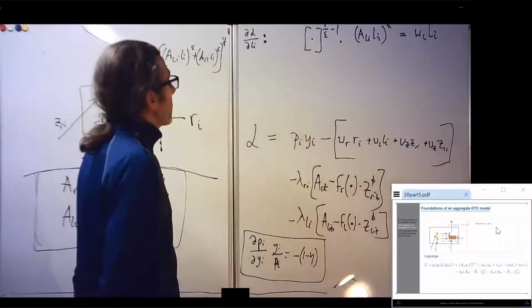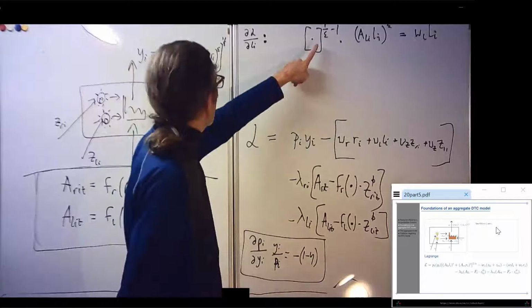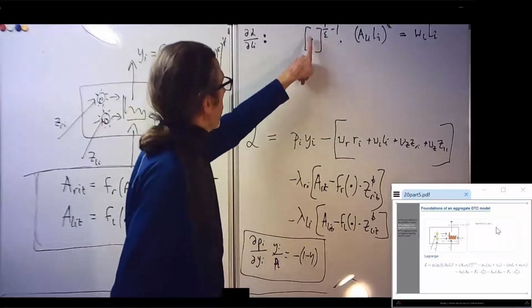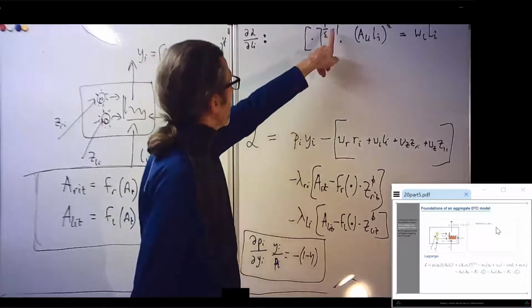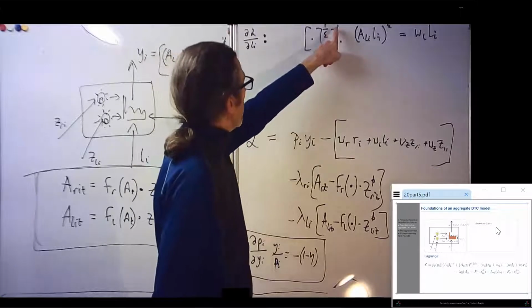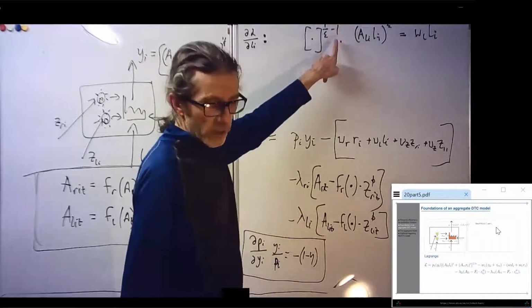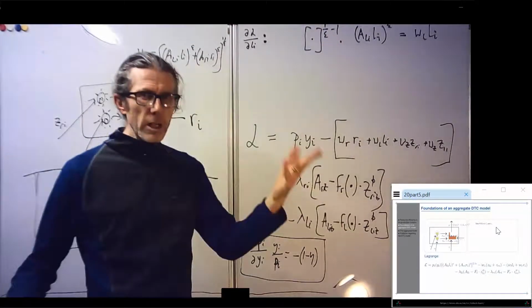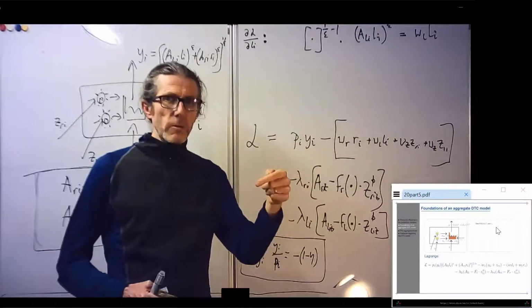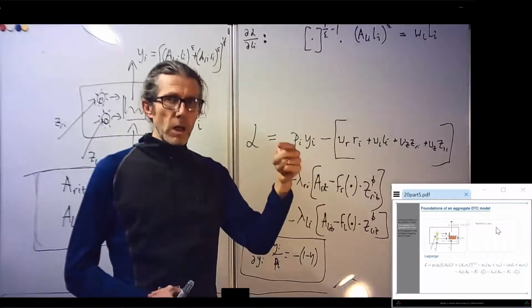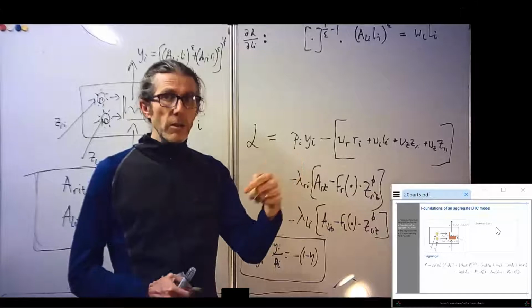Because the next thing is, what's this? We can write this as 1 over epsilon minus epsilon over epsilon, which is the same as 1 minus epsilon over epsilon.